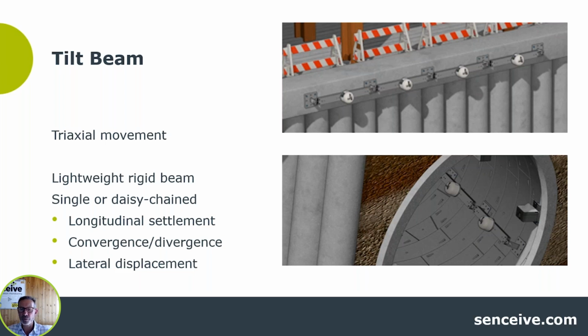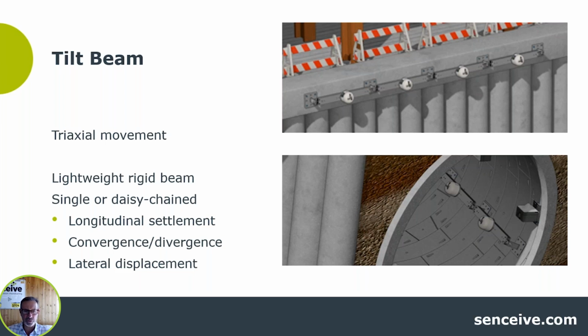We would often mount it, for example, on a bridge, and we would look to mount one end of it to a rigid point, such as the bridge pier, and then across the zone of movement, so that we can identify and determine displacement.